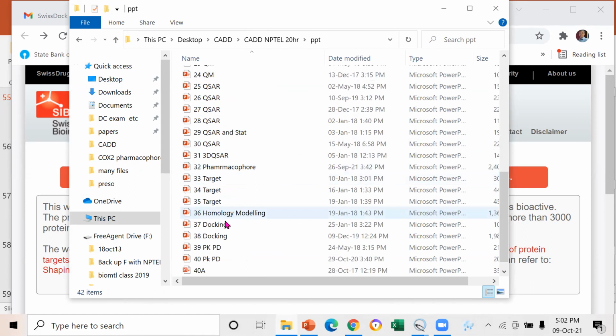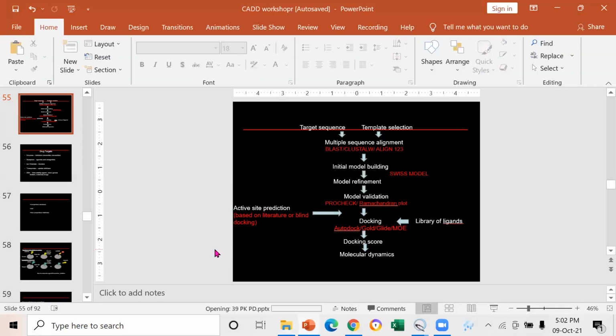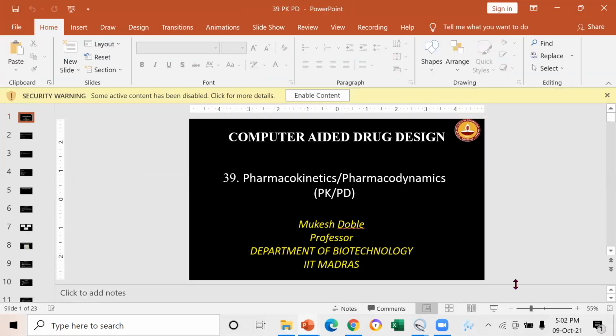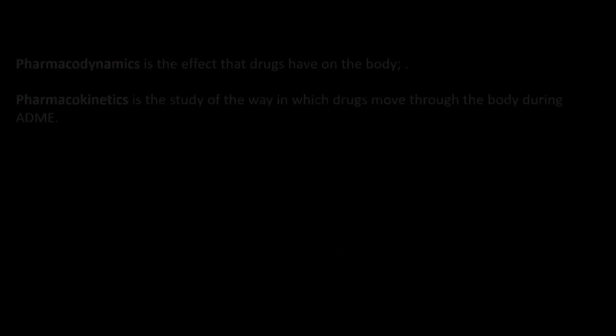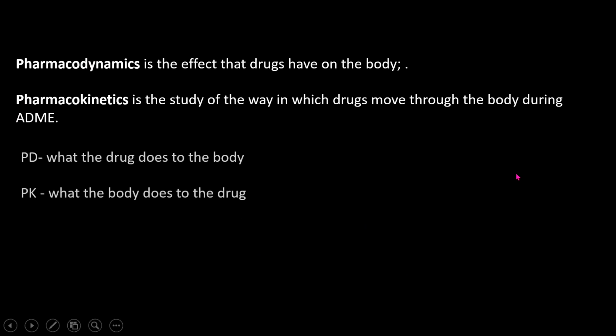That's called pharmacokinetics. I'll not spend much time on that. There is PK, pharmacokinetics, and PD is pharmacodynamics.